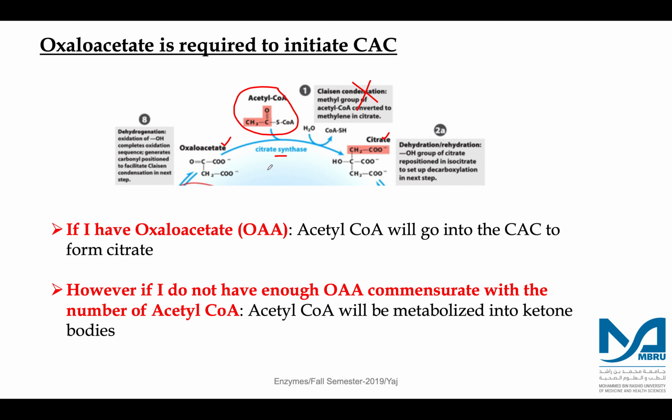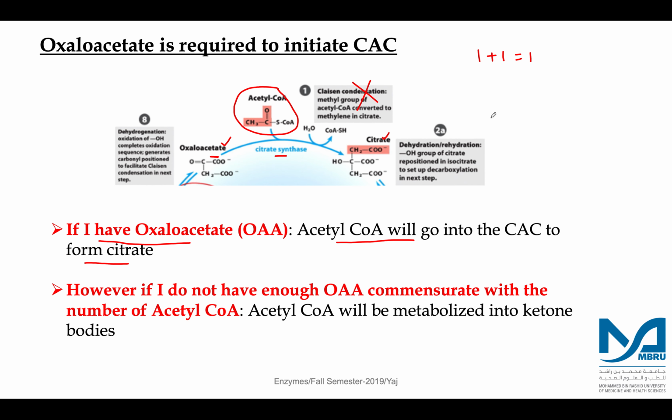Just look at the step. So what you require here to start the cycle is oxaloacetate. So in a cell, if I have oxaloacetate, acetyl coenzyme A will go into the citric acid cycle to form citrate. Now, one molecule of acetyl coenzyme A combines with one molecule of oxaloacetate, giving rise to one molecule of citrate.